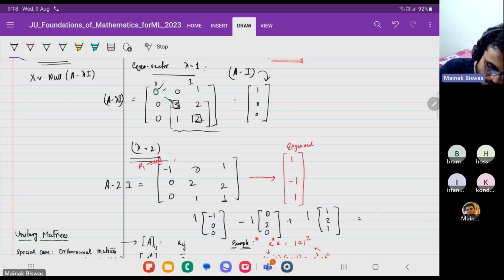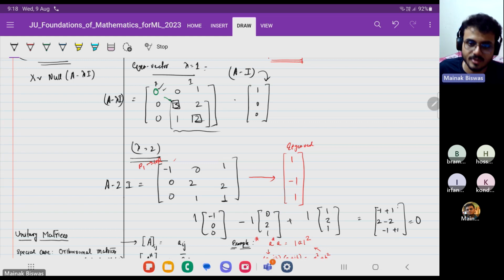This is equal to -1 plus 1, then 2 minus 2, and -1 plus 1, equal to 0, right? This is the step that Brahmajit did in his head to come up with this, right?